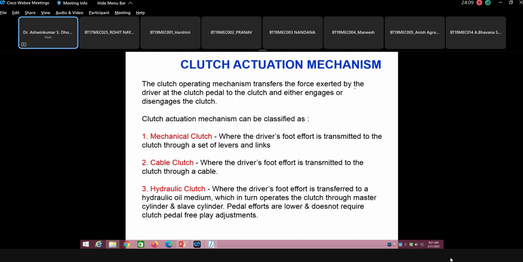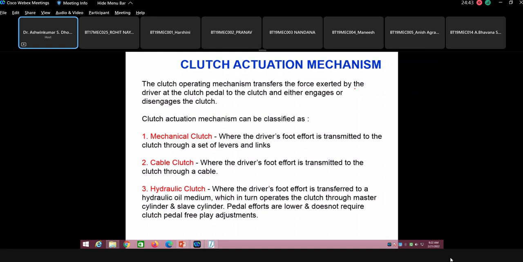Most of the time we use the mechanical actuation mechanism for engaging and disengaging the clutch. In some cases, you can use the hydraulic clutch as well, where you apply force to the clutch pedal, which activates the hydraulic fluid in the system, creating pressure and thereby disengaging the clutch.